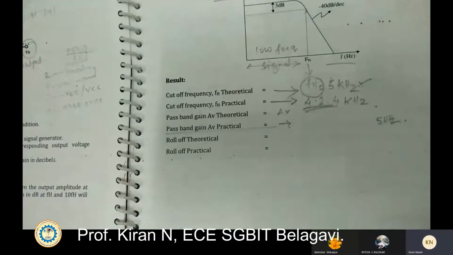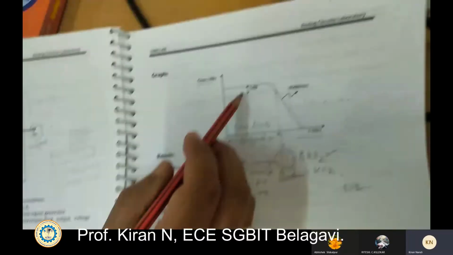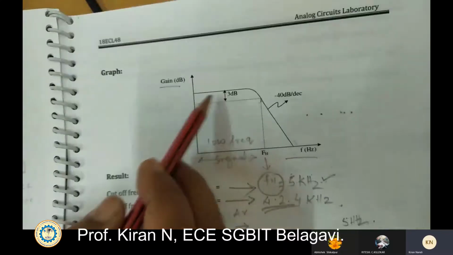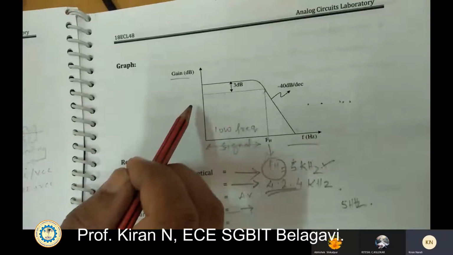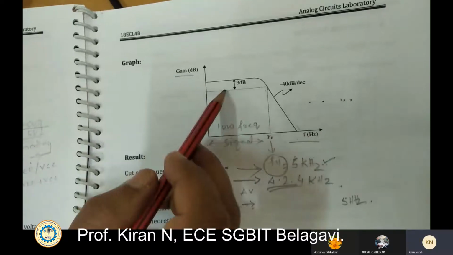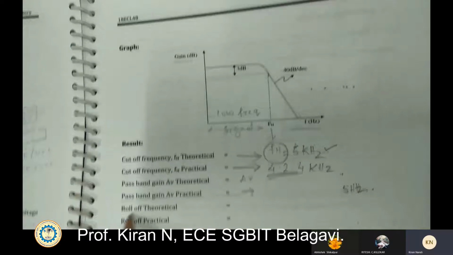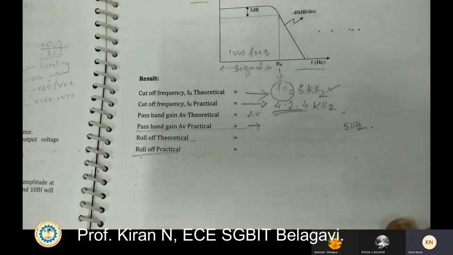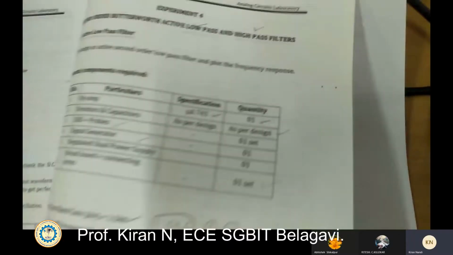The theoretical and practical values are 3 dB less than the gain. This can be done only when we are able to plot the graph with the values. So we have to take 3 dB less and then calculate the theoretical and practical values. So this is what we have with respect to the low pass filter.